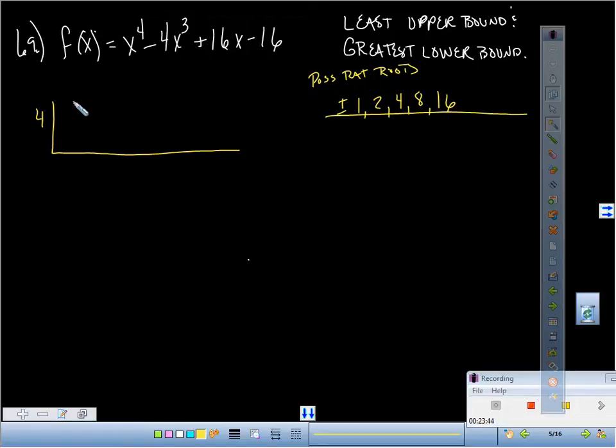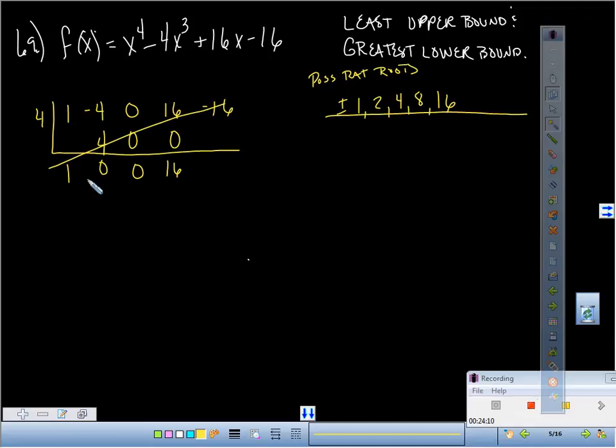What did you have to remember to do when you did synthetic division? You had to remember to put a 0 in there, guys. There's an x squared term missing. If you don't put that in there, you'll never get it right. Did 4 work?